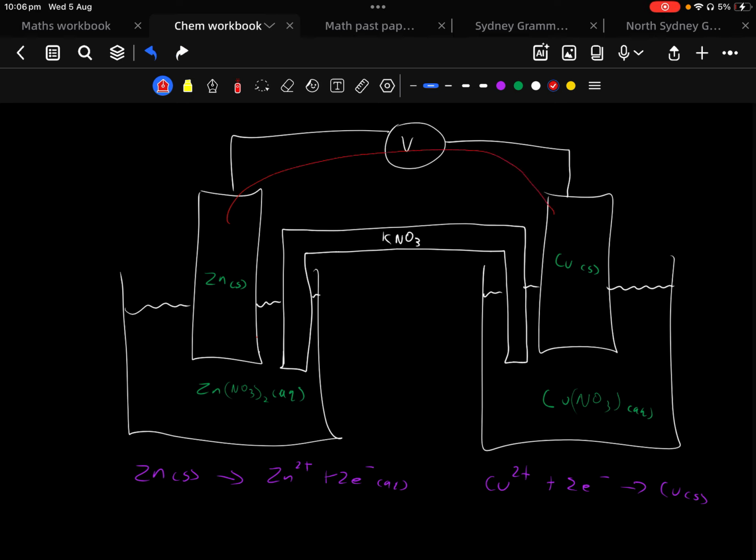There are two types of electrodes. There's the anode and the cathode. The anode is the electrode where oxidation occurs, and the cathode is where reduction occurs. An acronym for that is AN OX, RED CAT.